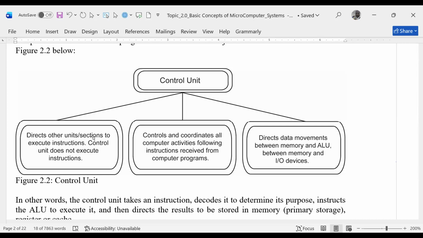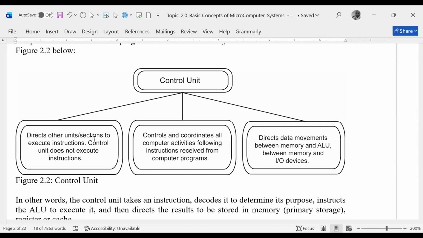The CU here coordinates and controls all the computer activities once an instruction is received from the user. Once you give any instruction, it's the CU that coordinates and controls all these things for the job to be done for you. It's the CU that directs movement of data between memory and the arithmetic logic unit, and also between input and output devices or memory and input-output devices.